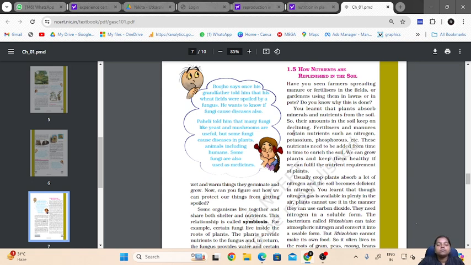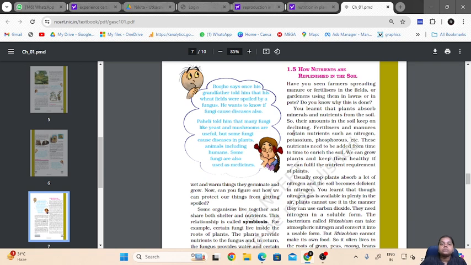You have all seen farmers or your parents, when they grow something in the garden, add some fertilizer. That fertilizer contains nutrients, for example nitrogen and phosphorus. So the plant gets those ready-made nutrients.